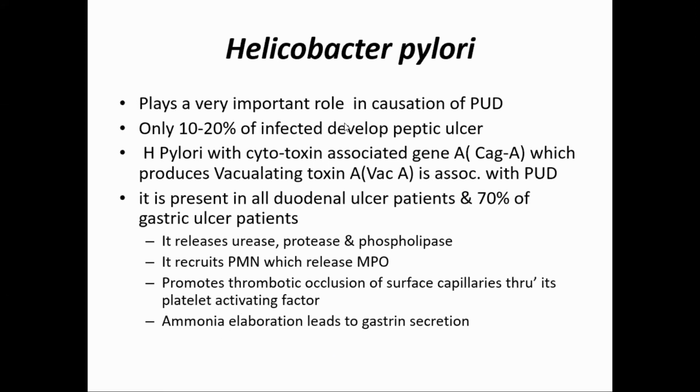So this is how the various factors of H. pylori strains lead to ulcer formation. One is the vacuolating toxin A, then production of urease, protease, phospholipase, and these lead to various other damage.